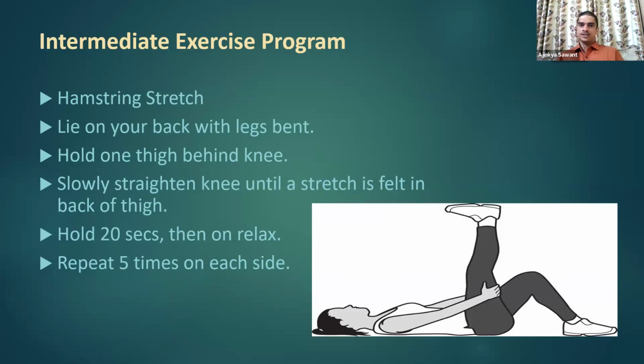We are not forcing the stretch. If they are able to tolerate more, they can do more. If they are not able to tolerate, then they can stretch however much range is available for the hamstrings. They can slowly, gradually increase the stretch. Hold and relax 20 seconds.